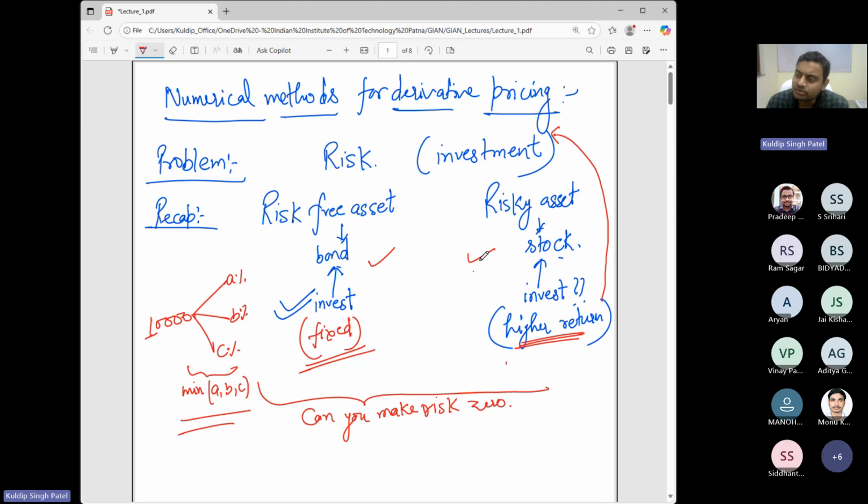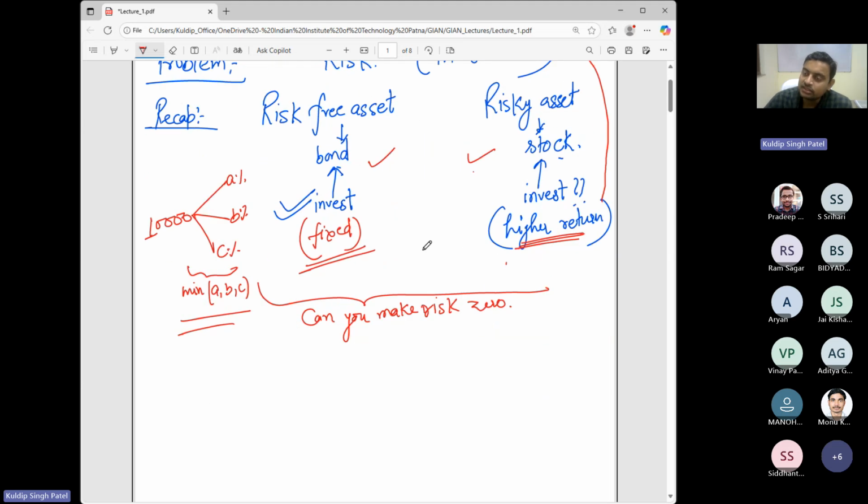So you said that we should go with both, but still there will be a risk. So we should go with the minimum risk. So what do you think? Who will assure you that this is the minimum risk, you should go with this? That is actually taught in mathematical finance.